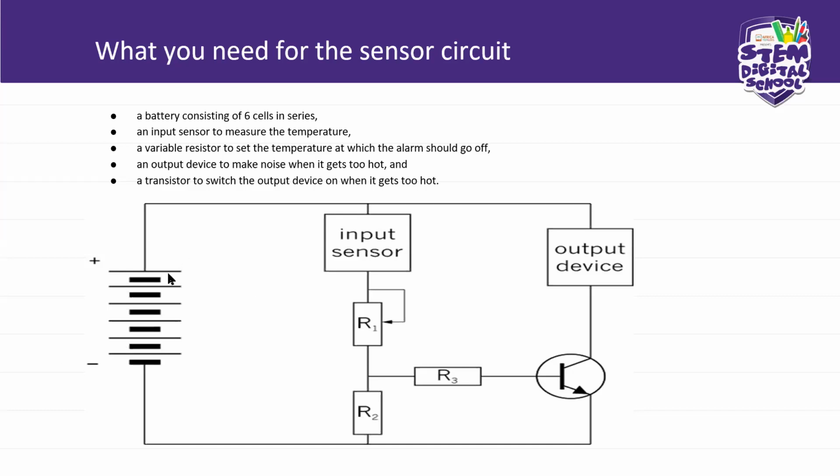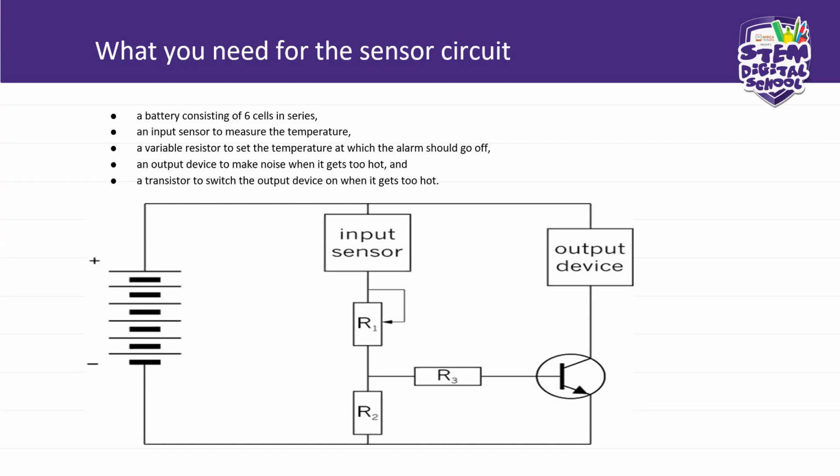So, you have 1, 2, 3, 4, 5, 6. You have your 9 volts here. It's best to connect your sensor circuits to a 9-volt battery. It's really best to do that. And then there you have your sensor circuit.